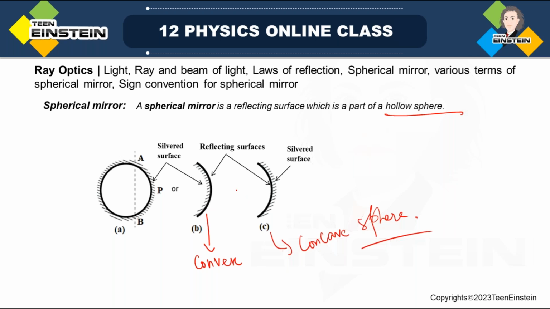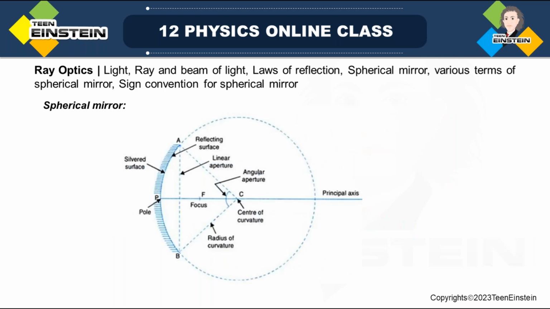So you have understood what is a spherical mirror, what is a convex mirror, what is a concave mirror. If the bulge portion is not polished, it is a convex surface. If the bulge portion is silvered, it is a concave surface or concave mirror.